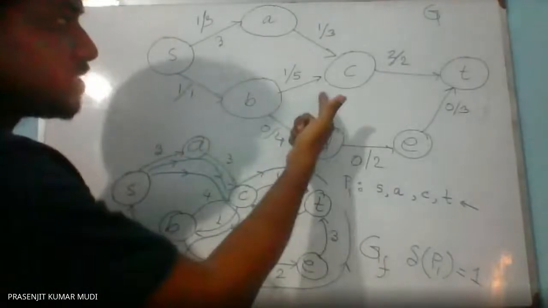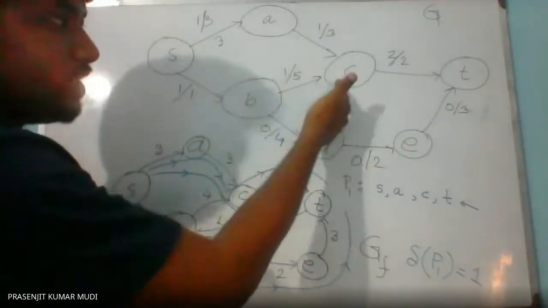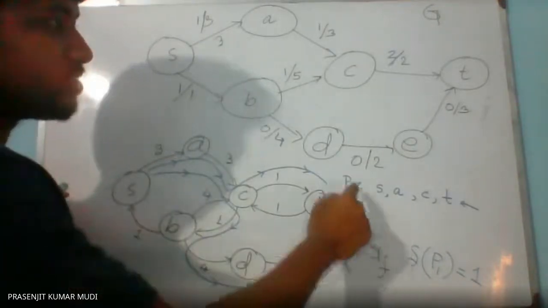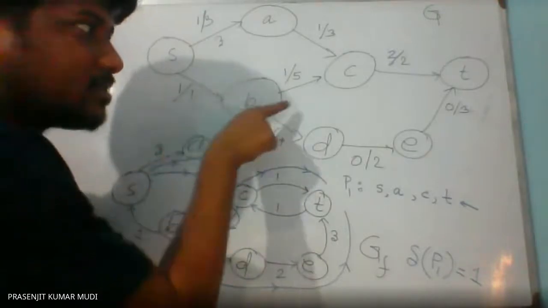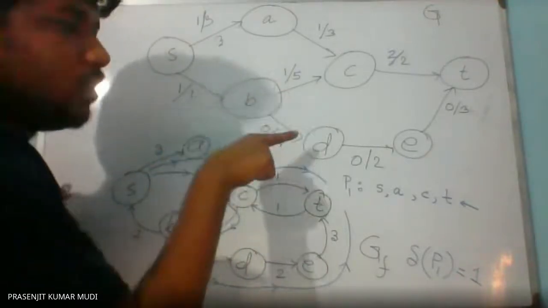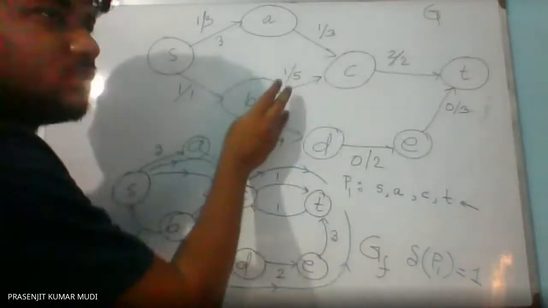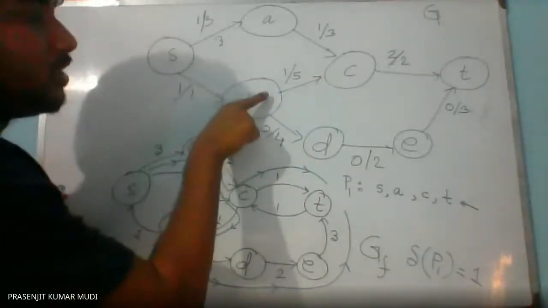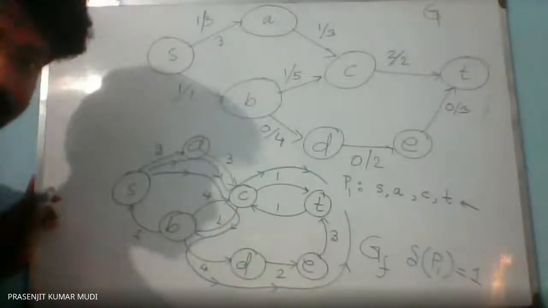For a similar situation here, we don't have any forward edge from C to B, only a backward edge. But in the residual network, if we select the augmenting path like this, we must increase the flow from C to B. That is a vector, it's a direction. So increasing flow from C to B, in other words, is decreasing flow from B to C. So you can decrease the flow from B to C, and thereby it will become 0/5.